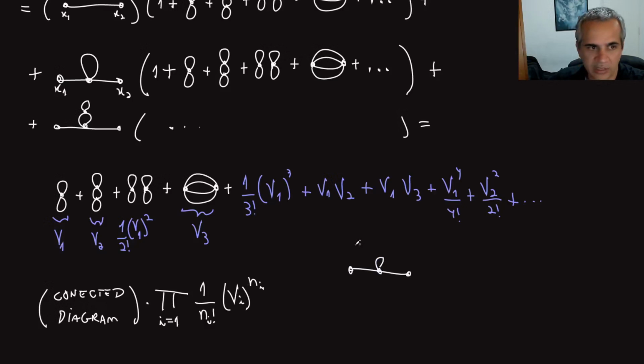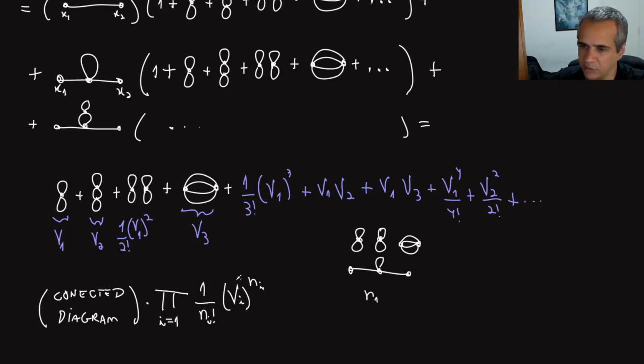Suppose I'm looking at the contribution that looks like this, and the watermelon, right? This guy. This diagram is just given by this expression where the connected diagram is this, right?